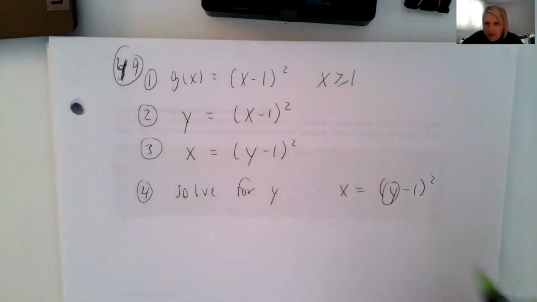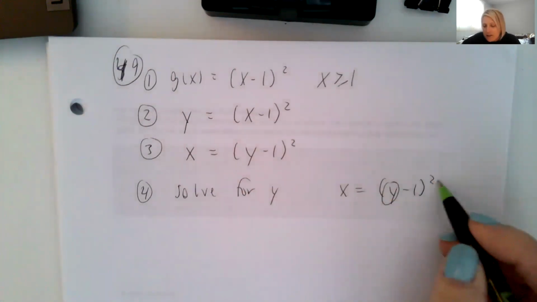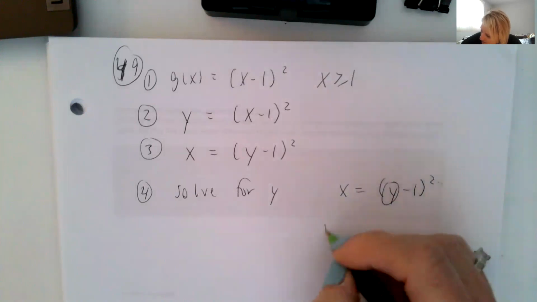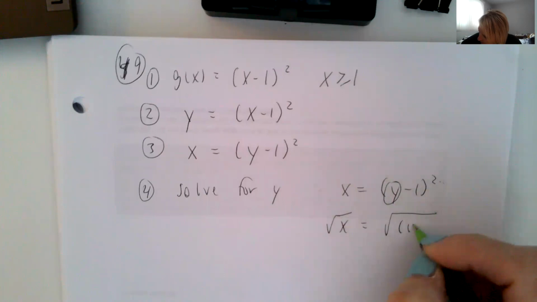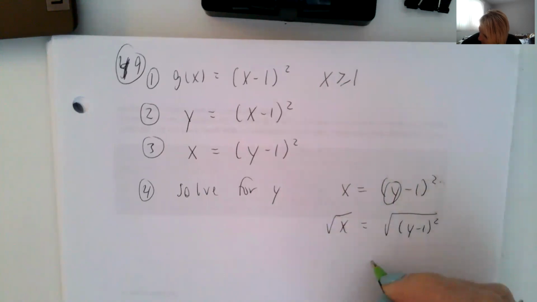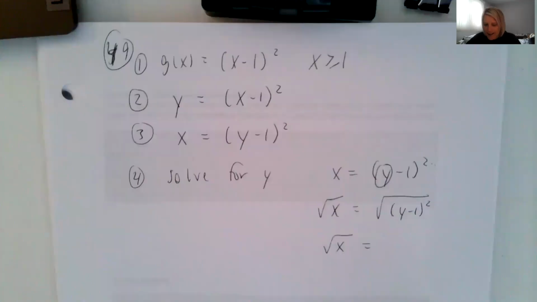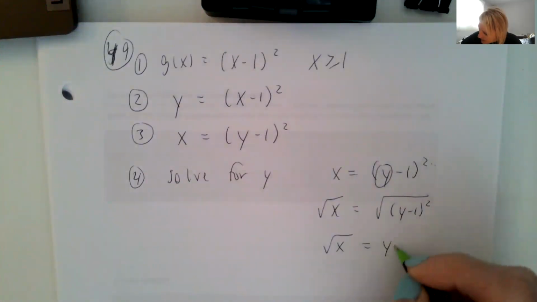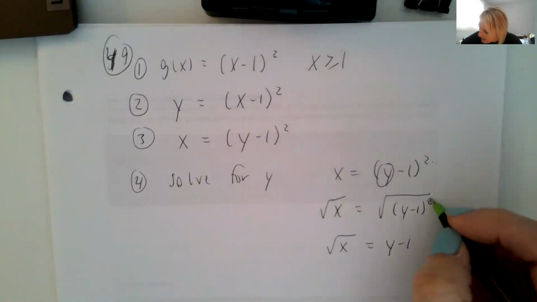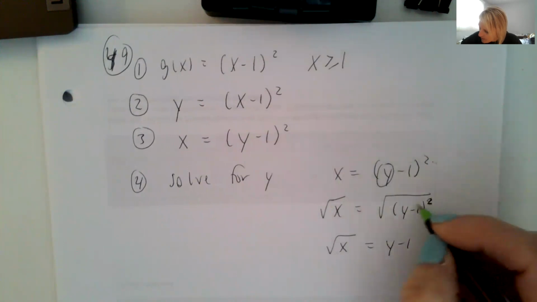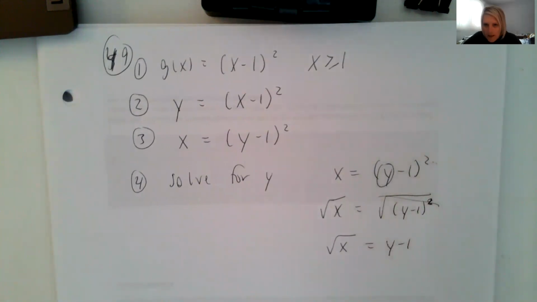Circle y. So to get at y, I have to undo the square first. So we're going to take the square root of x, and we're going to take the square root of y minus 1 squared. So the square root of x equals y minus 1, because the square root of the square cancels out.